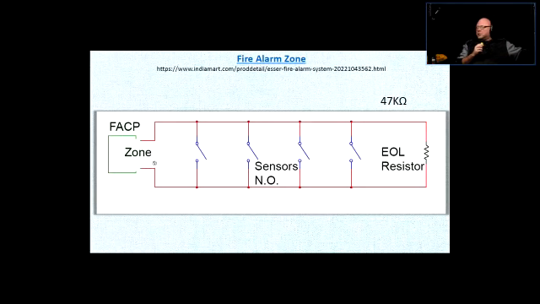The end of line resistor is supposed to be at the end of the line, so if the line is broken, the system will not see the resistor. If you put the resistor right at the panel, and the line is broken, the system is still going to see the resistor. So the devices will not annunciate the fire, and then what's the point of having the whole system?